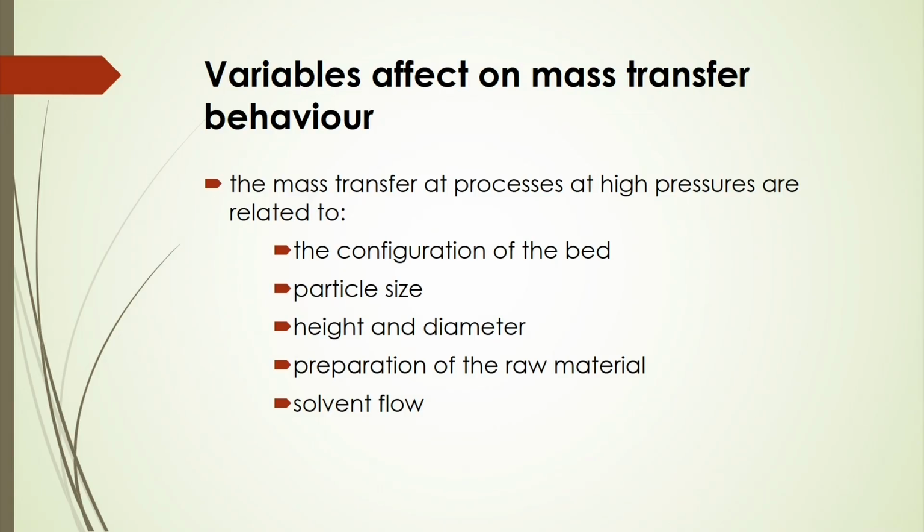Now, what are the different variables that affect the mass transfer behavior in this supercritical extraction process? Pressure and temperature are important factors for the mass transfer process, since you increase mass transfer based on pressure and temperature, but there are some other hydrodynamic characteristics you also have to think about, because the solvent is allowed to pass through the packing materials of the extraction device, and how the solvent will be distributed inside the bed.